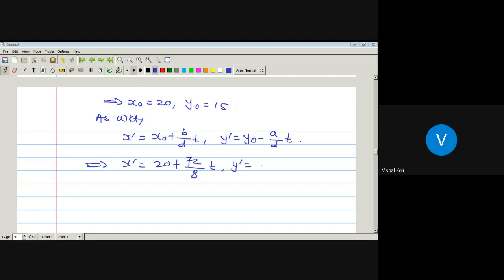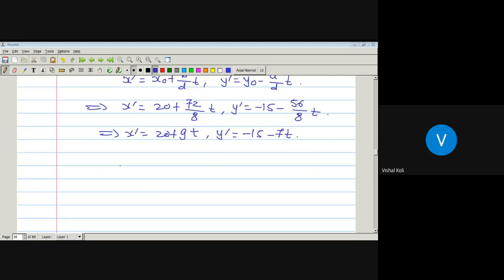Y dash is y0, which is minus 15, minus a, which is 56 divided by 8, into t. So x dash is equal to 20 plus 9t, and y dash is minus 15 minus 7t. So here we get the values of x dash and y dash. These are all the solutions of the given linear Diophantine equation.